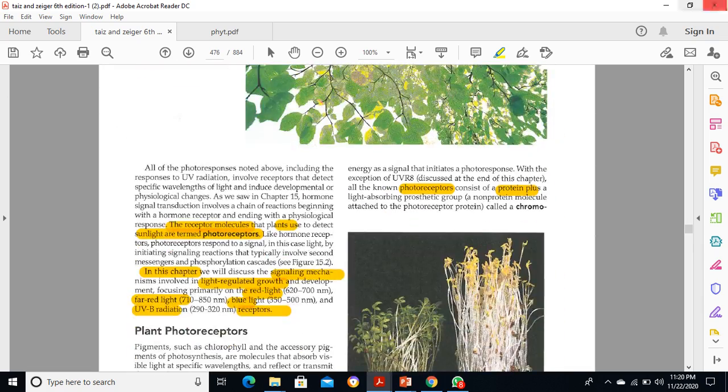That thing is the photoreceptors. So what are photoreceptors? Photoreceptors are the receptor molecules present in plants to detect sunlight. What a photoreceptor does is absorb photons of a given wavelength and use this energy as a signal that initiates various light mediated responses, or photoresponses.